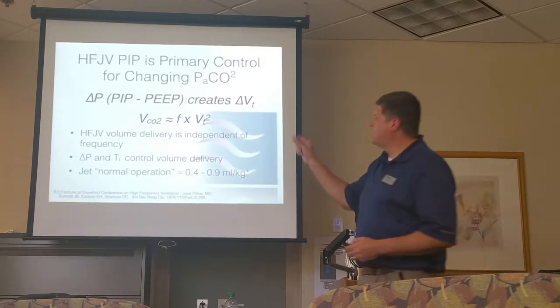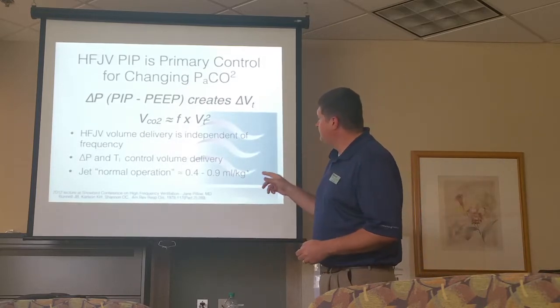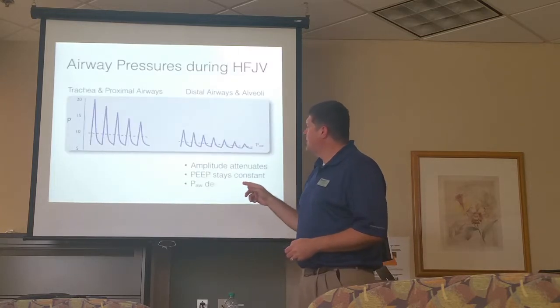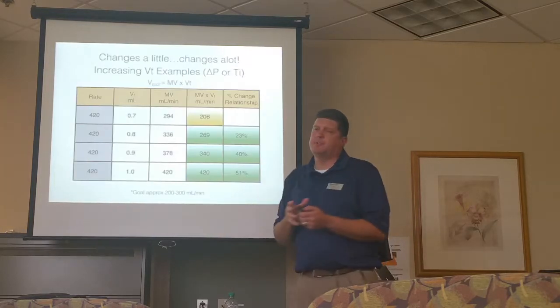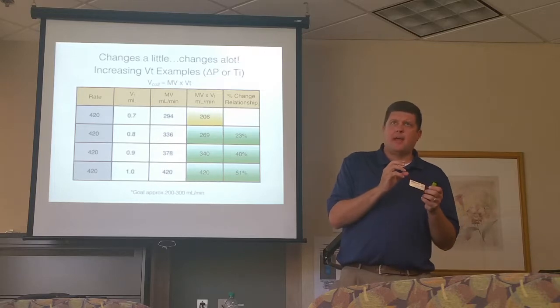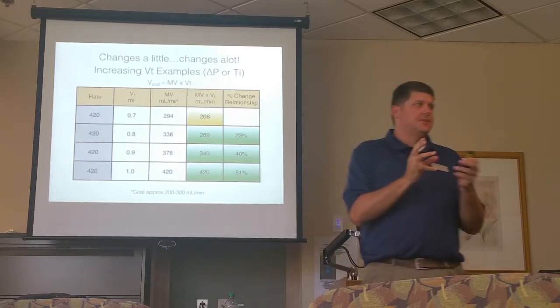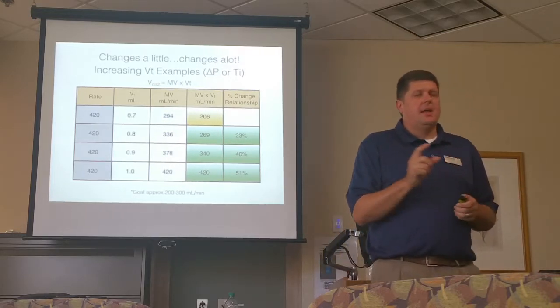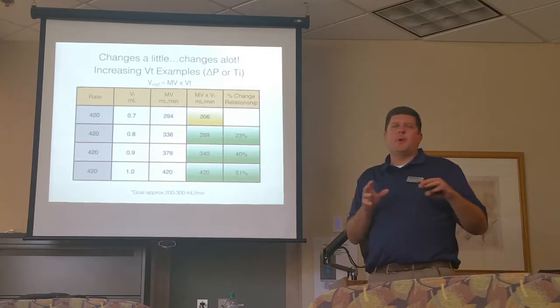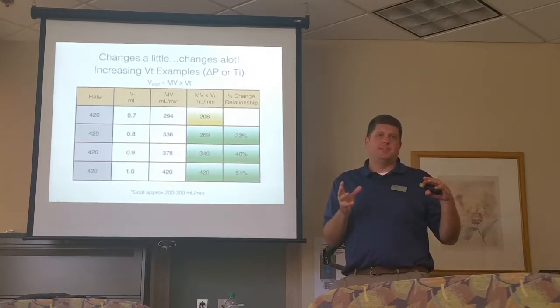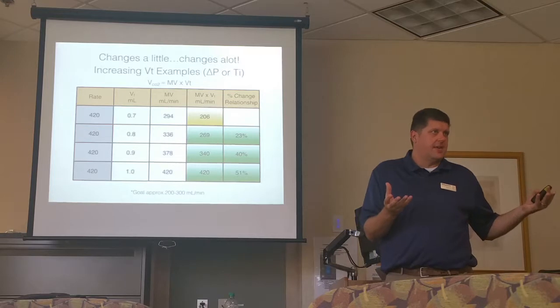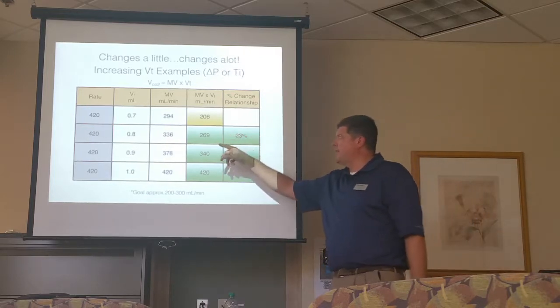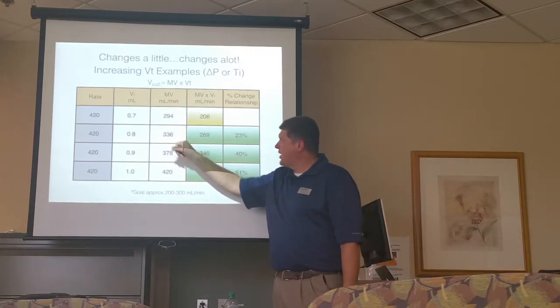And why is tidal volume so important? Well, I did this little chart here to demonstrate why that rate times tidal volume squared makes a lot of sense, okay? The jet delivers anywhere from 0.4 to 0.9 cc's as far as what it's been studied to look at, okay? So I just picked 0.7 as a starting point.